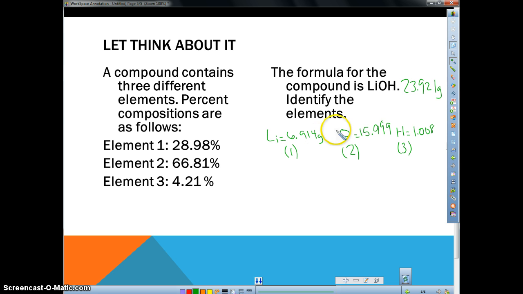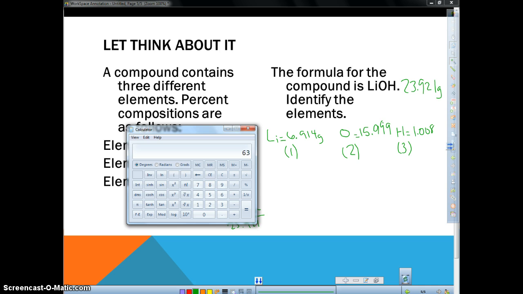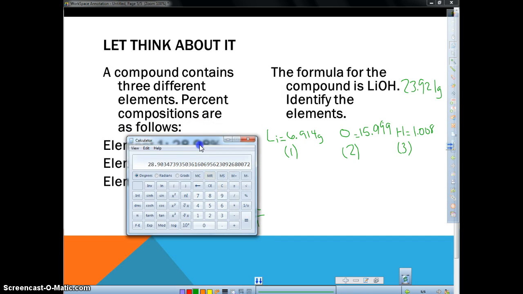Now, you can go back and check this, just get the percent composition of each element. So let's take 6.914 and divide it by 23.921. And when we multiply by 100, we should get really close to the number we've got here.